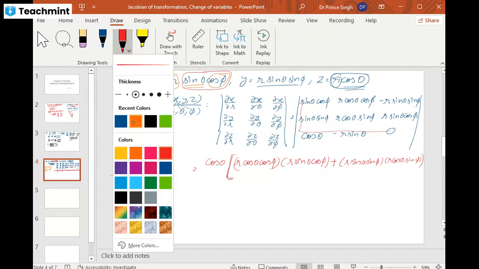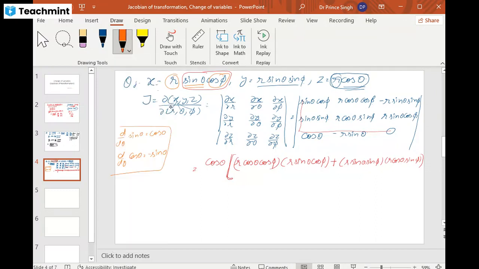Now come to the second term. Second, we expand through this one. Its coefficient is already, because this is the position A32, minus 1 raised to the power 3 plus 2, which is negative, and its coefficient is minus r sin theta already there. So now when we expand this into this, it is already 0.